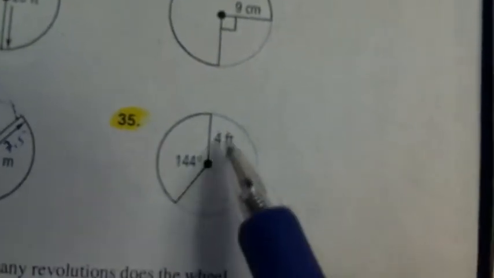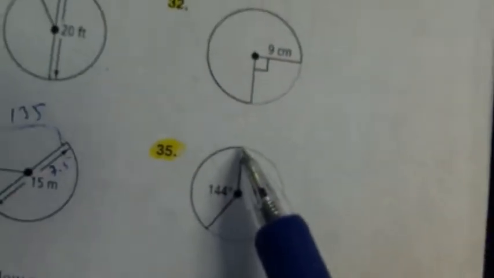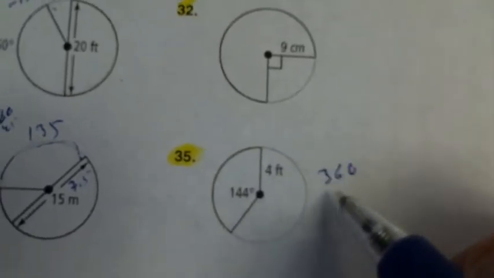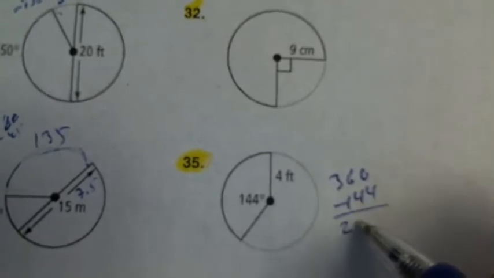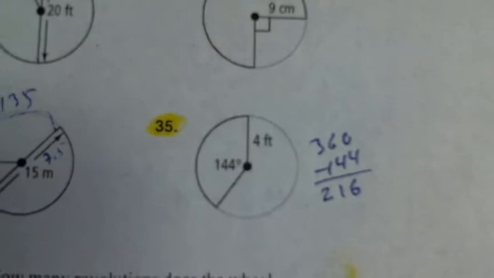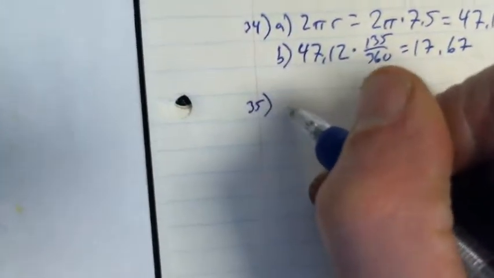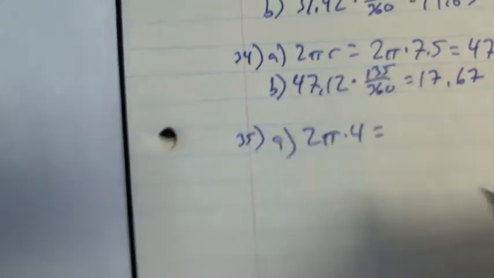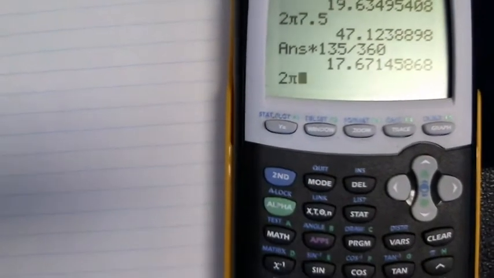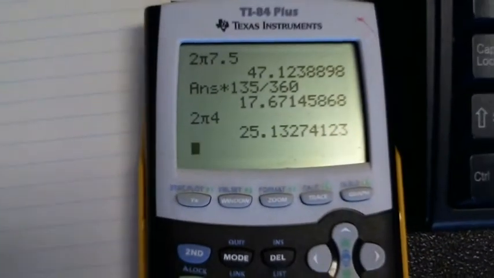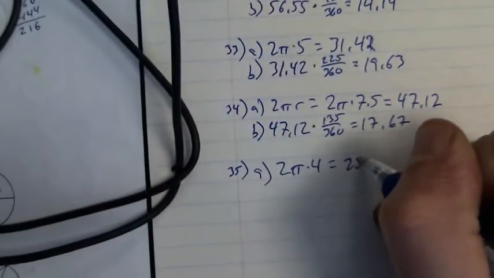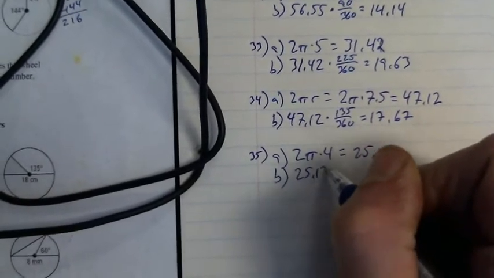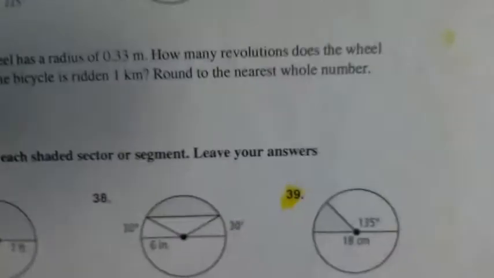This last one, 4 foot radius, 144 on the backside, so that leaves 360 minus 144, which is going to be 216. So we find our circumference, 25.13, and take that 25.13, multiply it by the percentage that we use.